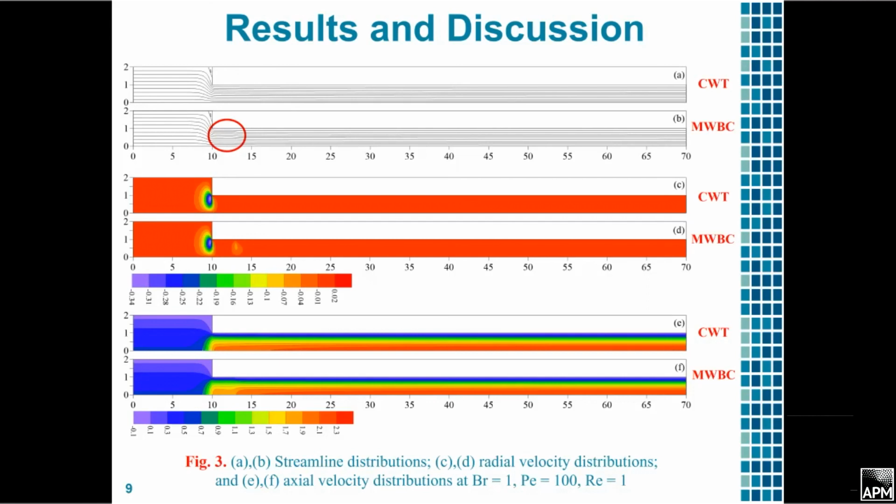But in the contraction plane, the streamlines have curvatures, and we know that here are two-dimensional flow regions. We also see additional distortion in the case of MWBC. This is the result of the presence of radial velocity in this region. The axial velocity distributions for both cases are presented in figures 3E and 3F.